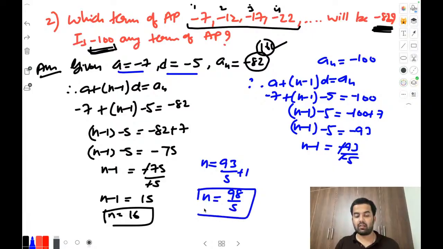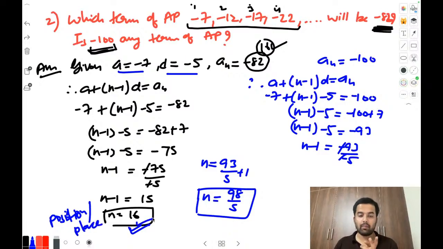Now tell me this, here the n value we got was 16. N value shows the position, which means the place in easy language. 16th can be the place, but tell me, a fraction can't be the place, right? Place can be 1, 2, 3, 4, 5, 6, like this. Nobody has a place like 98 by 5.